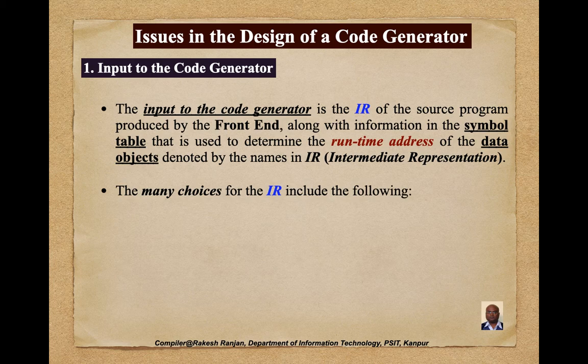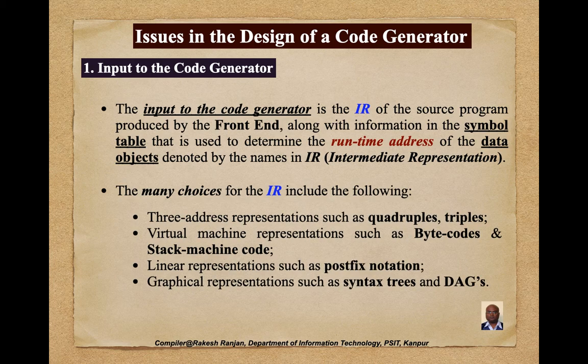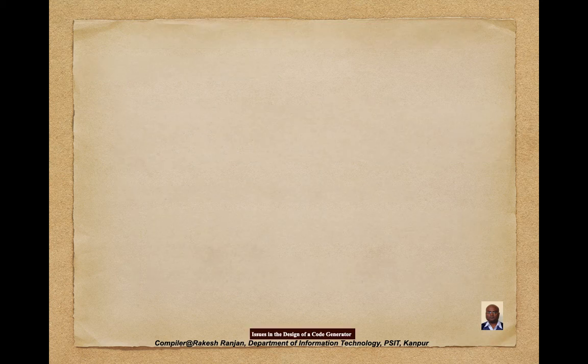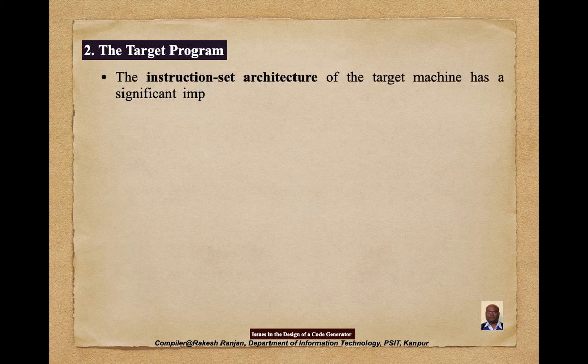Many choices of IR include the following. Intermediate representation can be in quadruples or triples. In a virtual machine, it can be in the form of bytecode or stack machine code. A linear representation can be postfix notation, and graphically it can be a syntax tree or a DAG.